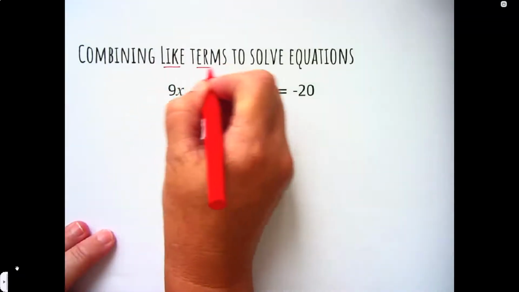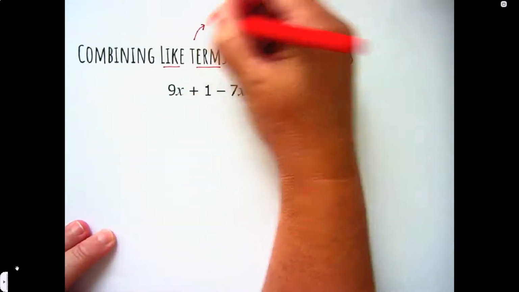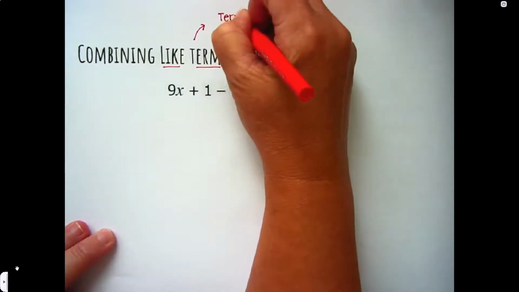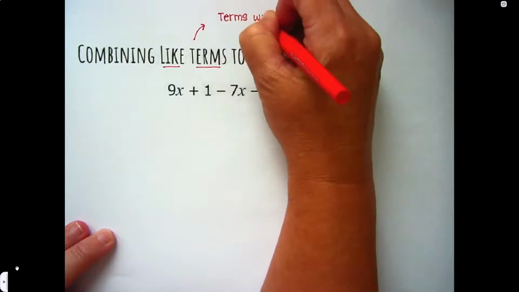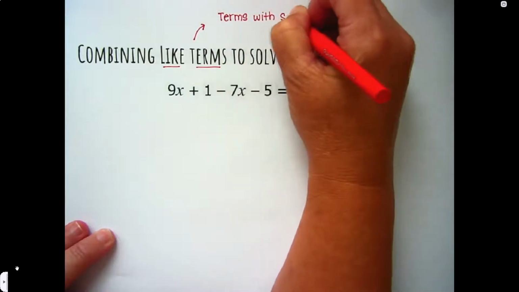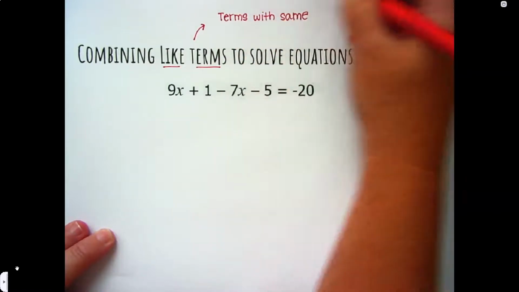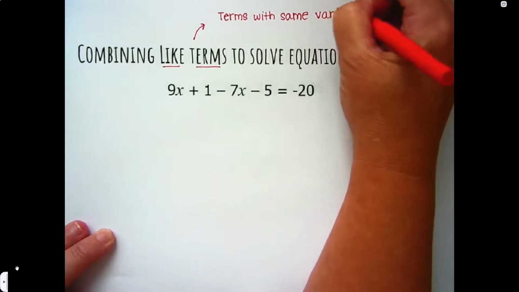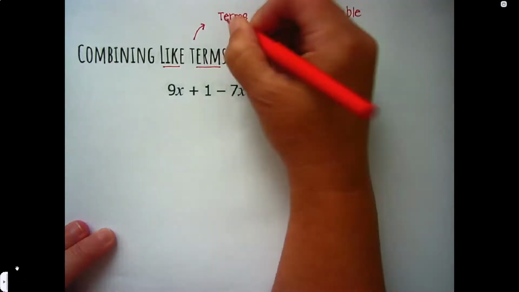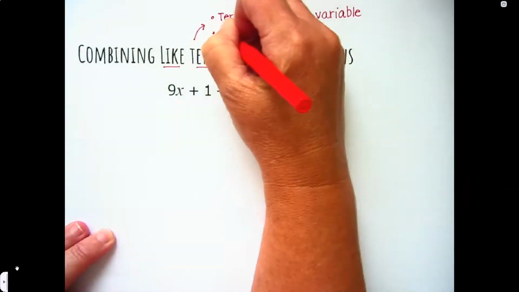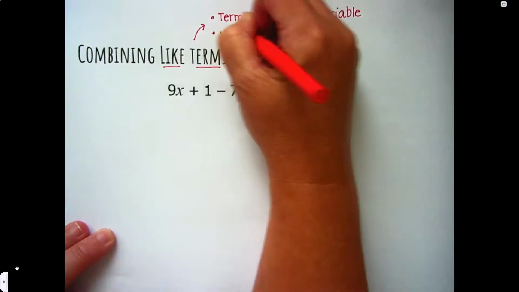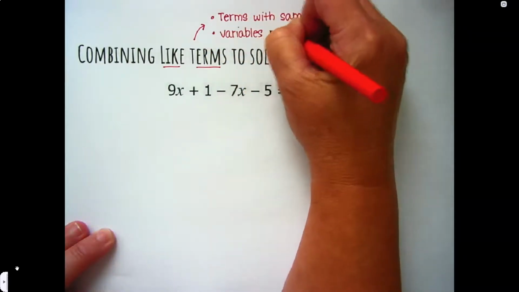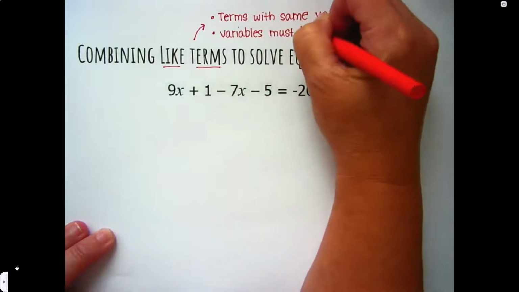Now, like terms, quick reminder here, are terms with the same variable, and the variables must have the same exponents.